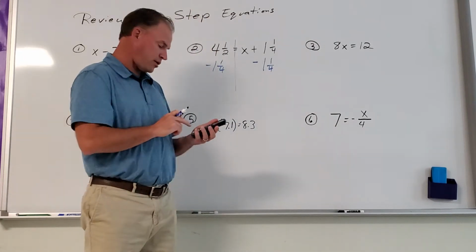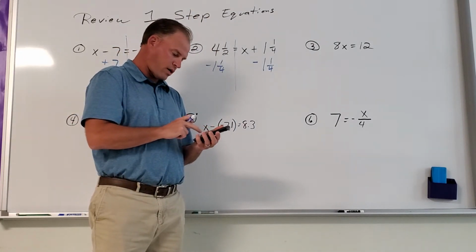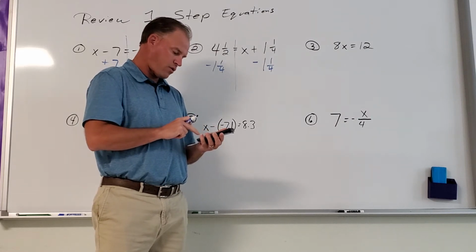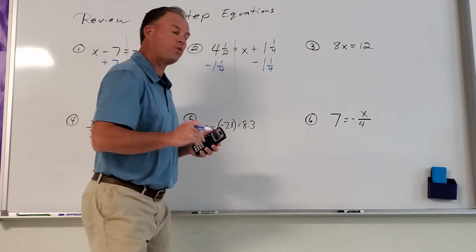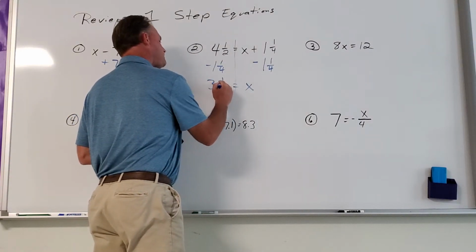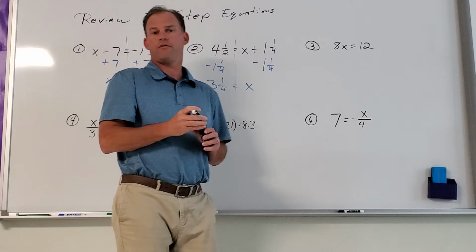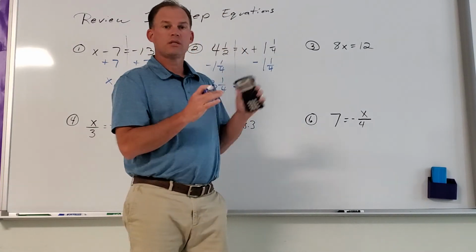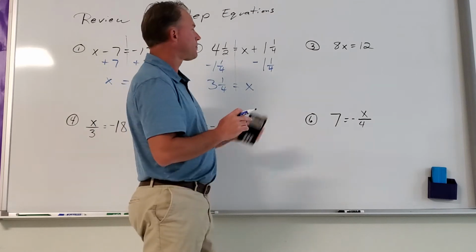Grab the calculator. 4 and 1/2 minus 1 and 1/4 equals 3 and 1/4. So I have x equals 3 and 1/4. Again, use the calculator to make sure you're getting the correct answers here.